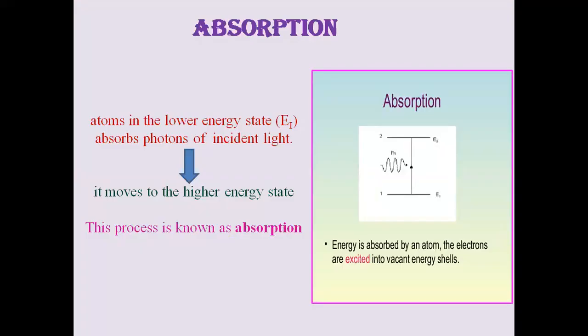Let us consider one atom in the lower energy state E1. It absorbs photons of incident light and gets energized and moves to the higher energy state E2. This transition process is known as absorption.